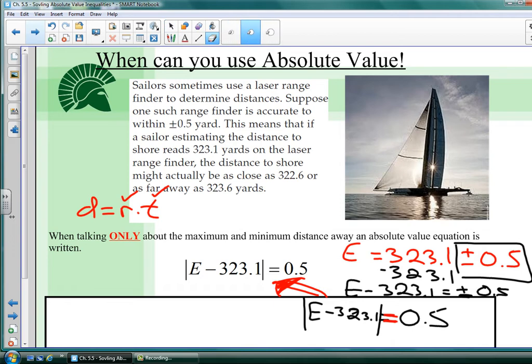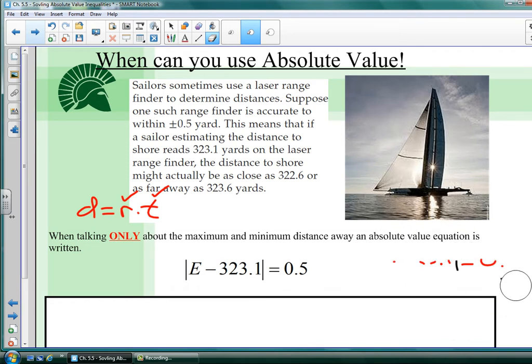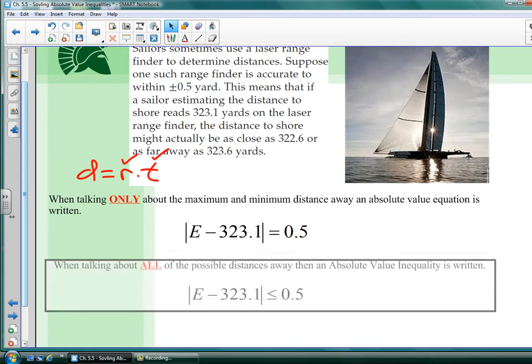So now, since we know where that equation came from, we know what we would do if we had a maximum or minimum, if that's the only thing we were looking for. But if I want to find the whole range of numbers that can apply to this, I'm still going to have an absolute value. It's still going to look the same way. I'm still going to put it together the same way. But what I'm going to be looking at is an inequality.